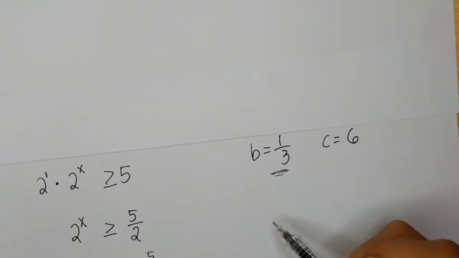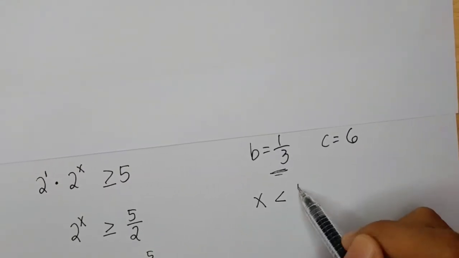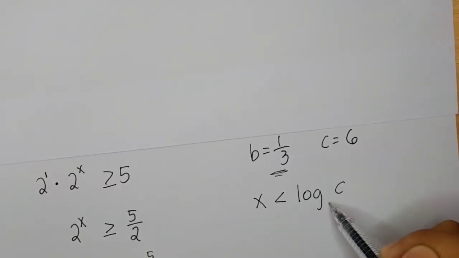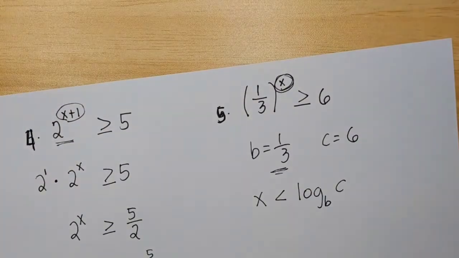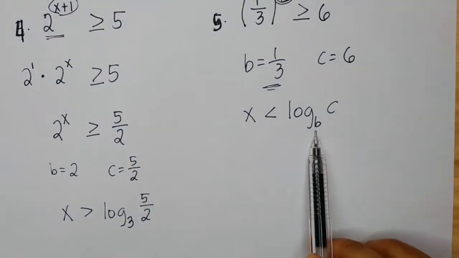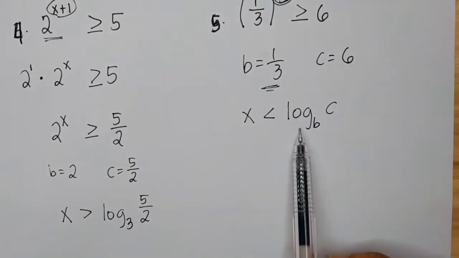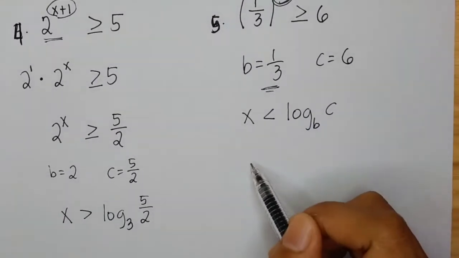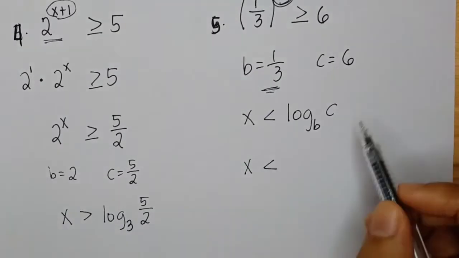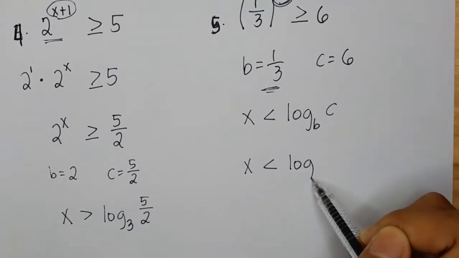That is, x is less than log c to the base b. So, we have here, ito yung dapat gawin natin. So, substitute natin yung values natin to this inequality. So, we have x is less than log, what is our c?